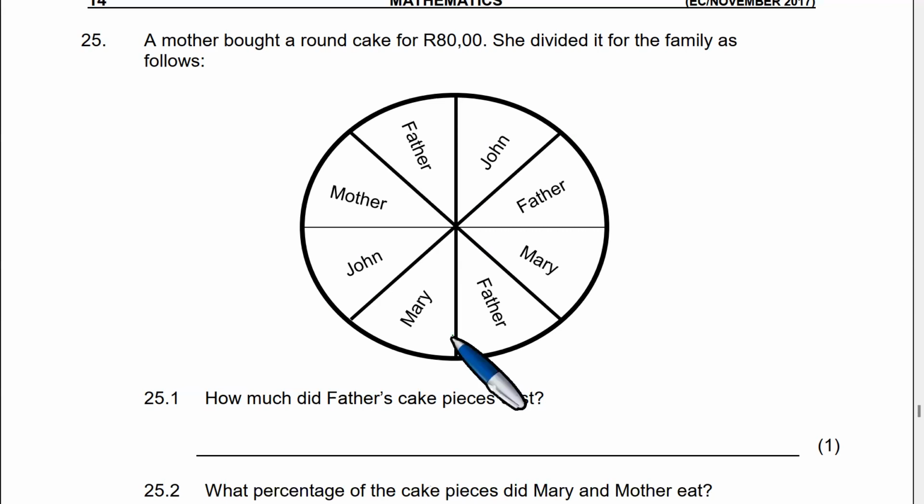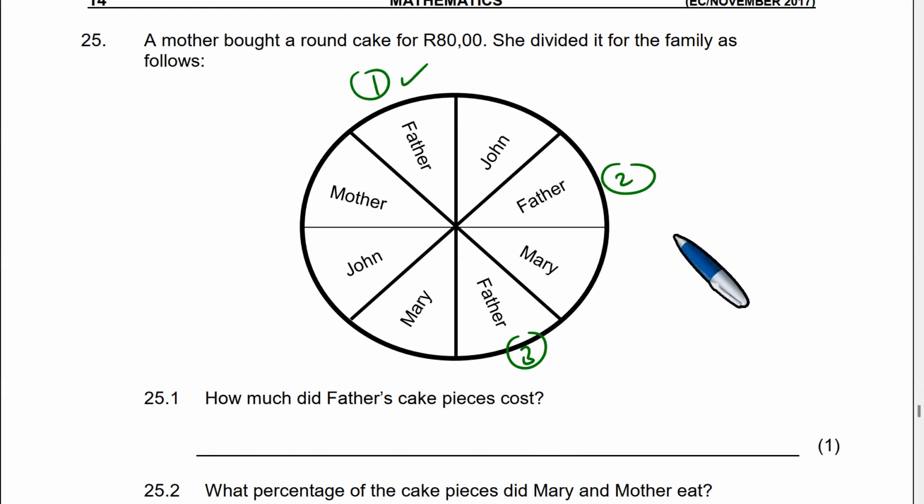If the father got this part here, 1, this part here, 2, this part here, 3. Oh, I didn't see that, please come again. Okay, so the father got 3 parts.